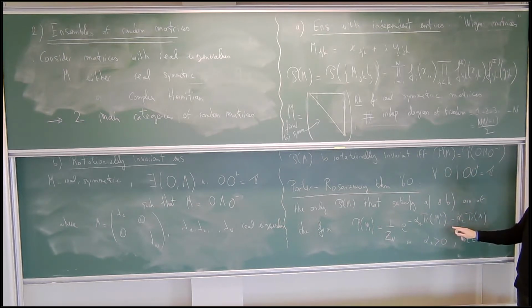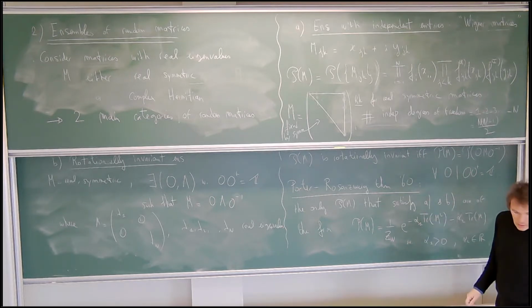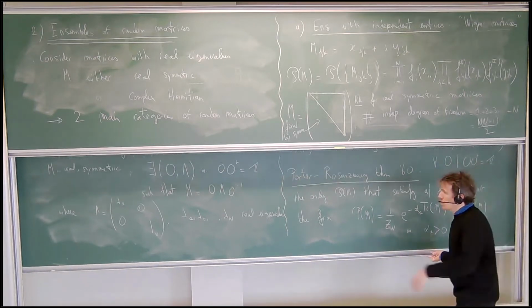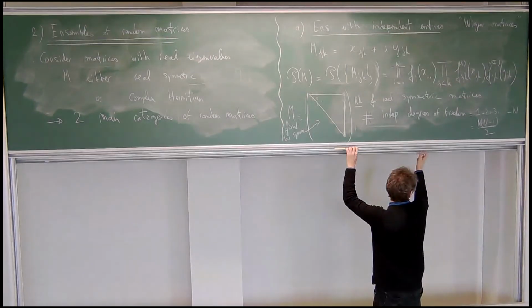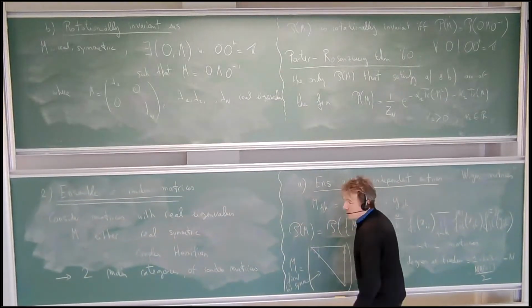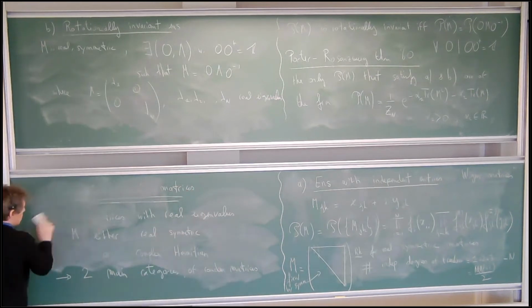So it's clear that P of M belongs to B. Now, how can I see that P of M belongs to A? Well, this requires a little computation that I want to do here because it's not completely trivial to see that. But let's see how it works.